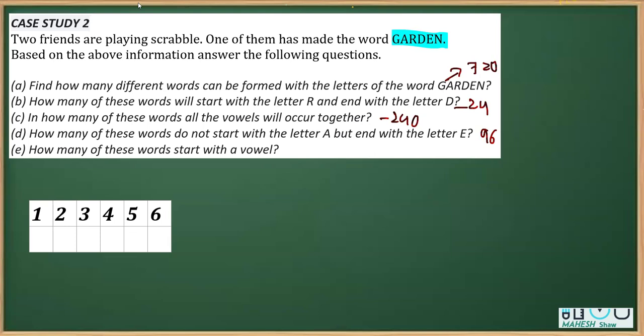Now we are on the fifth part. It says how many of these words will start with a vowel.